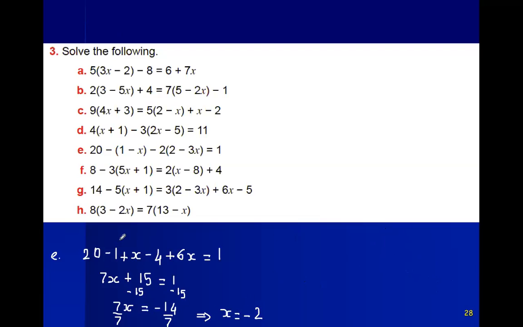So I'm going to quickly check it. 2 minus 1, that's 1. 20 minus 1 is 19. 2 minus 3, sorry, what did I say? So 1 minus minus 2, which is 1 plus 2, which is 3. So 20 minus 3 at the top.